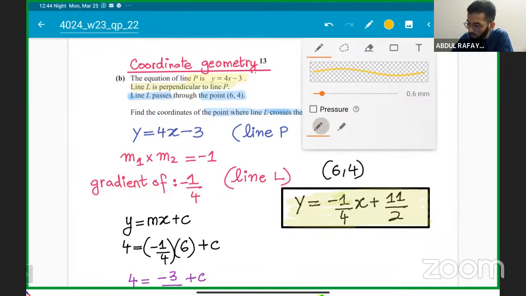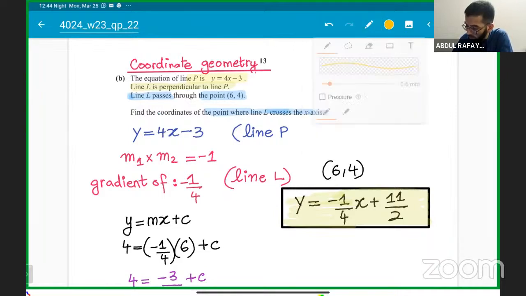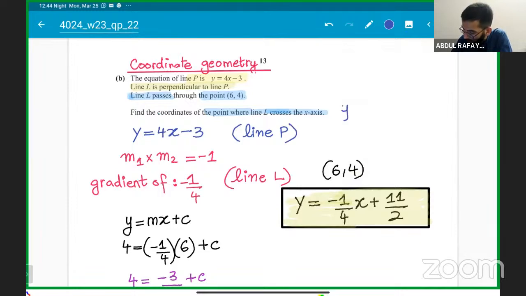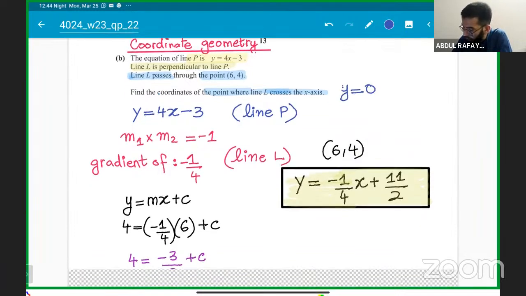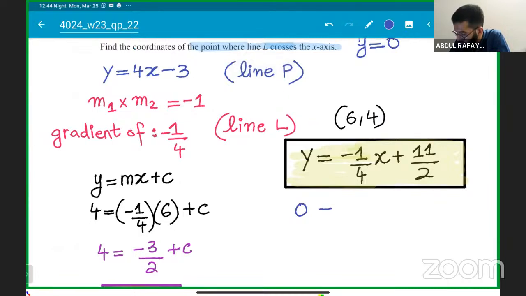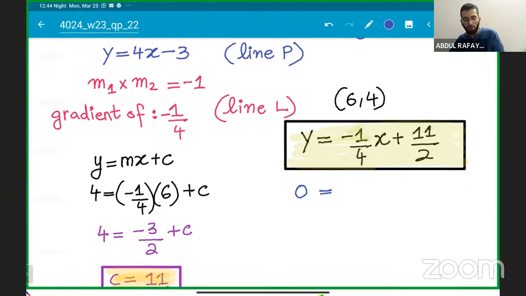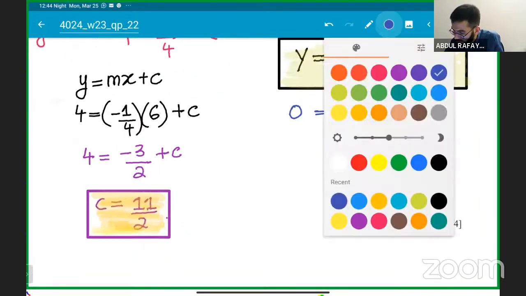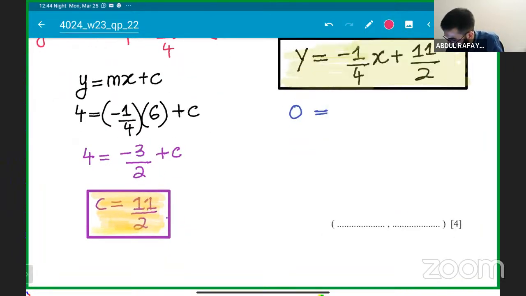When we talk about the x-axis, y is 0. So we have to make y 0 to get the coordinates. It will be very simple: y will be 0 where the x-axis is crossed, and then you solve it.